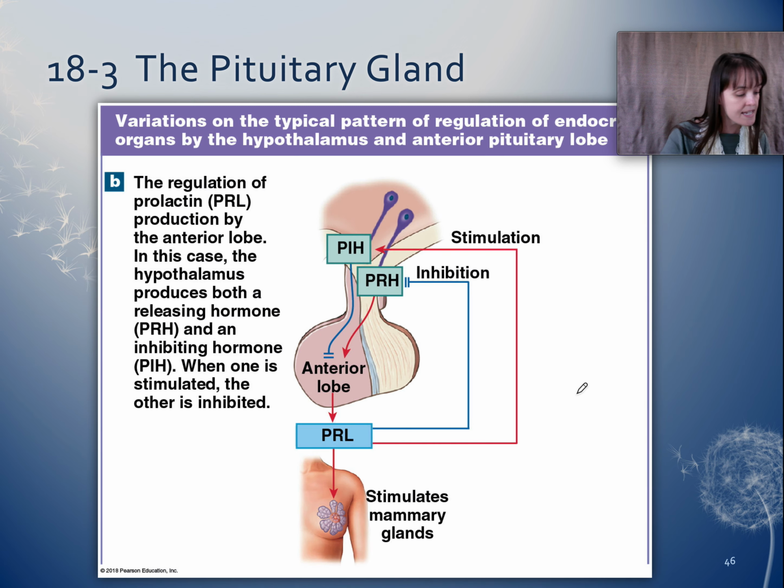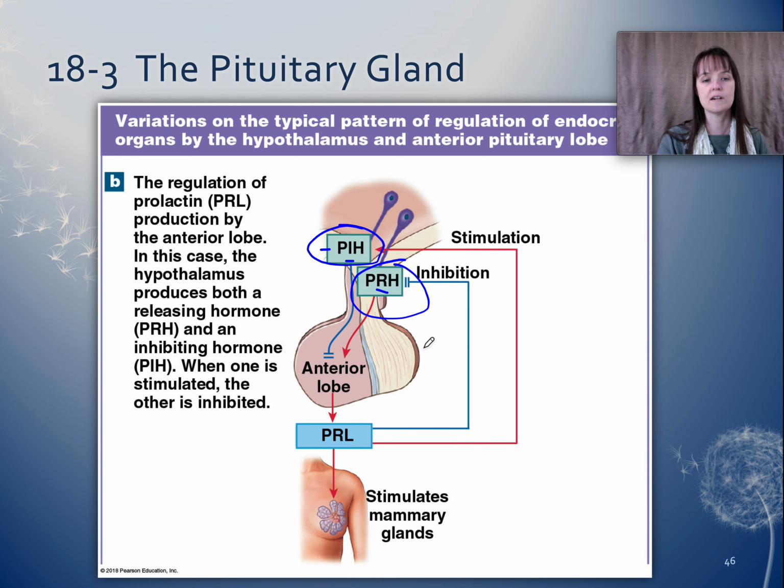Okay, and the inhibition, high levels of prolactin inhibiting hormone inhibit prolactin release, I for inhibit, while high levels of prolactin releasing hormone, that's an H now, not an F, stimulate prolactin release. It's releasing hormone, it makes you release more hormone. And high levels of PRL stimulate the secretion of PIH, and high levels of PRL inhibit PRH.